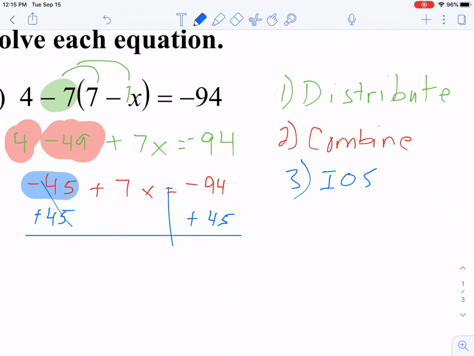So these cancel out. 7x drops down. You don't need to bring down the plus because it's positive. So 7x and positive 7x is the same. So negative 94 plus 45 is going to be negative 49.